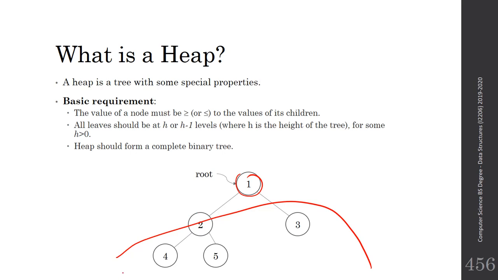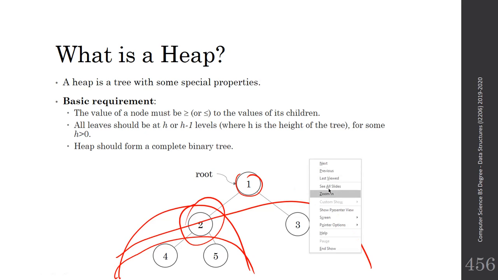Again, in this subtree, we have the root 2, so all its children are either less or greater than 2. Again, in the heap, all the elements should be at level h or h minus 1.